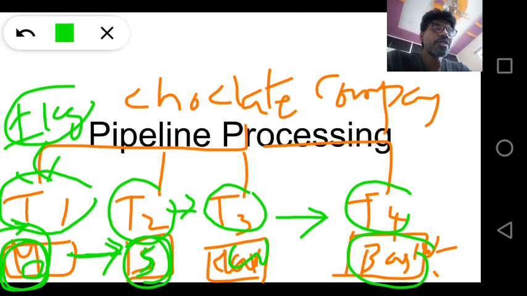T3 is preparing the wrapping for the chocolates to send to T4. What is T2 doing? T2 is cutting different shapes of chocolates. What is T1 doing? T1 is mixing the materials. So processing happens simultaneously, as if T1, T2, T3, T4 are machines or persons, and none of them sits idle. T2 will not sit idle until T1 finishes; T2 has its own work. This concept is called pipeline processing, which we'll discuss in the next video.